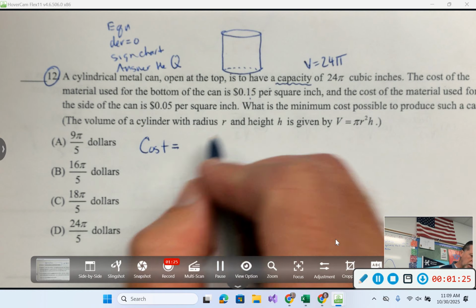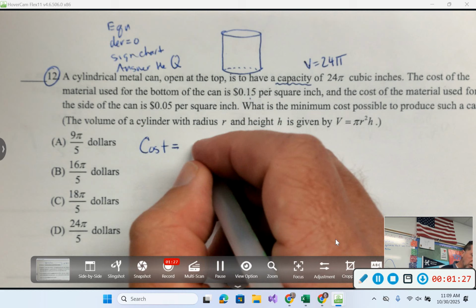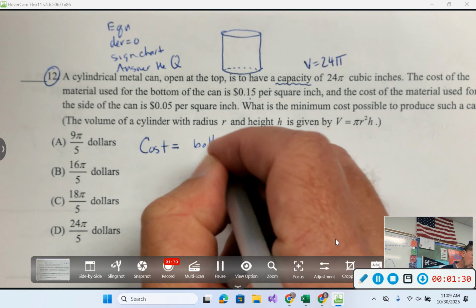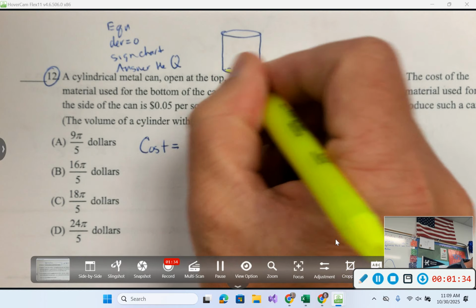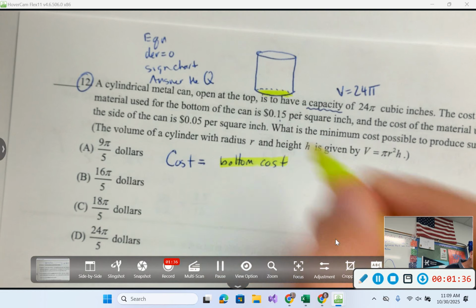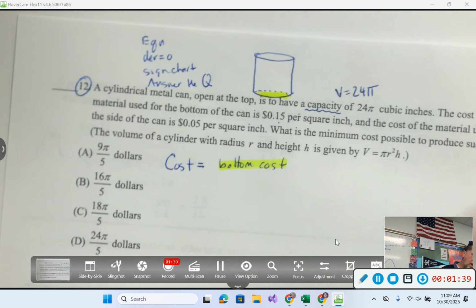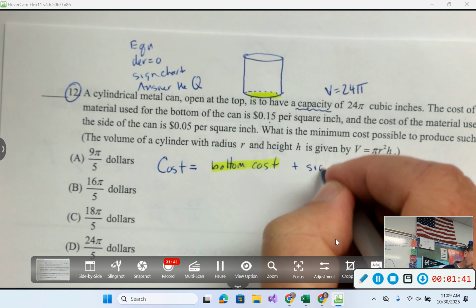Okay, the cost is made up of two different pieces. There's the bottom cost, that piece, and then plus the side cost.